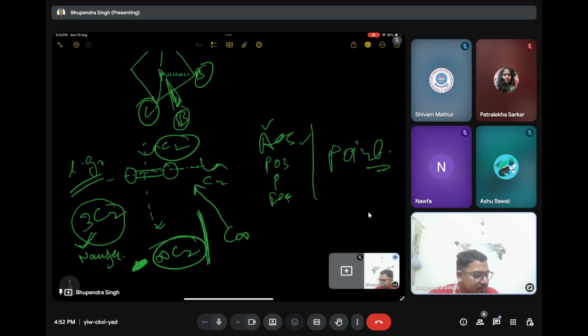Are you able to find the C infinite? Yes, from here, right? You can rotate it by 1 degree, or 2 degrees, or 3 degrees, or 140 degrees, whatever you wish, and you'll get the same orientation of the O2 molecule. So C infinite is present here.